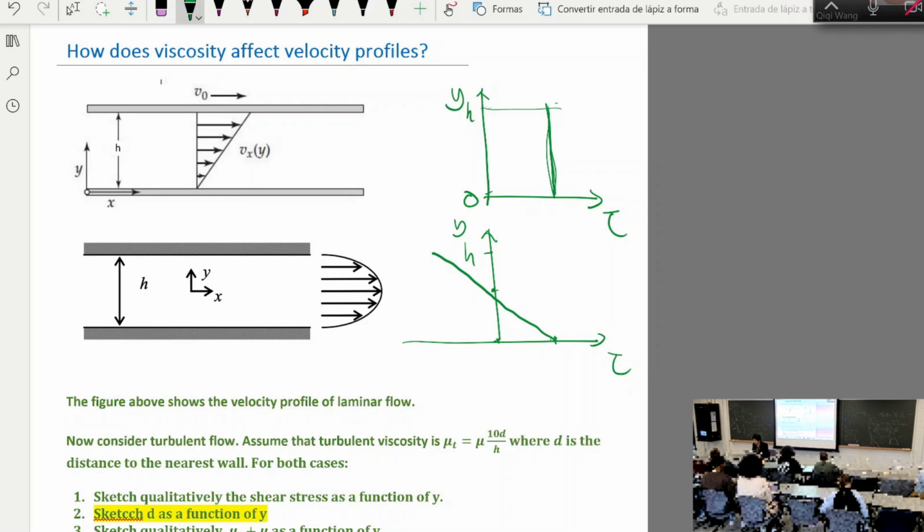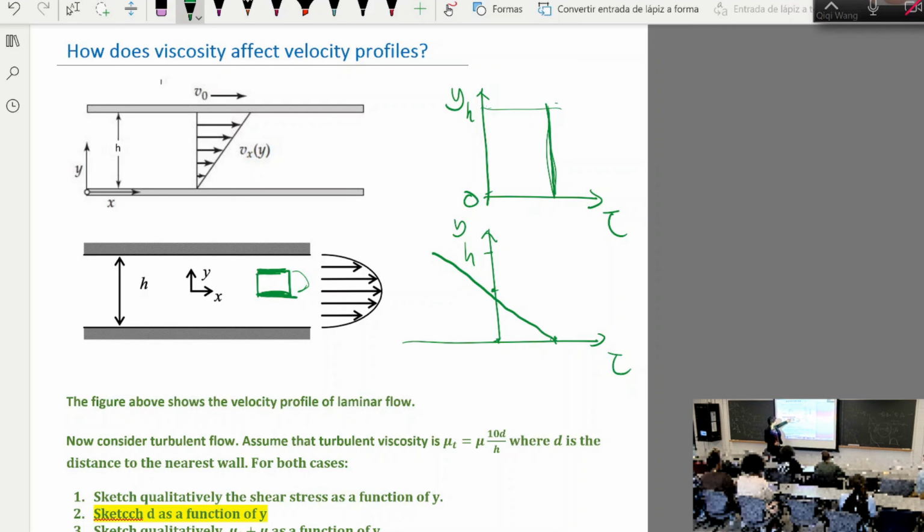The reason for this is again force balance. If you draw a control volume in the middle, the shear stress imbalance from here to here has to be proportional to the height, because the pressure force is proportional to the volume.